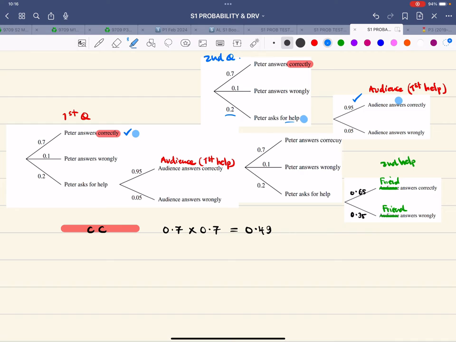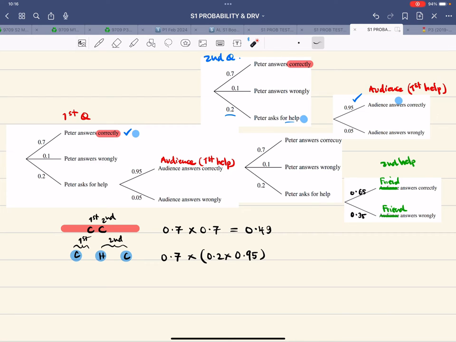So the first question is answered correctly, and then Peter asked for help and then answered correctly. So this is the second question, this is the first question. So this is 0.7 into 0.2 into 0.95.